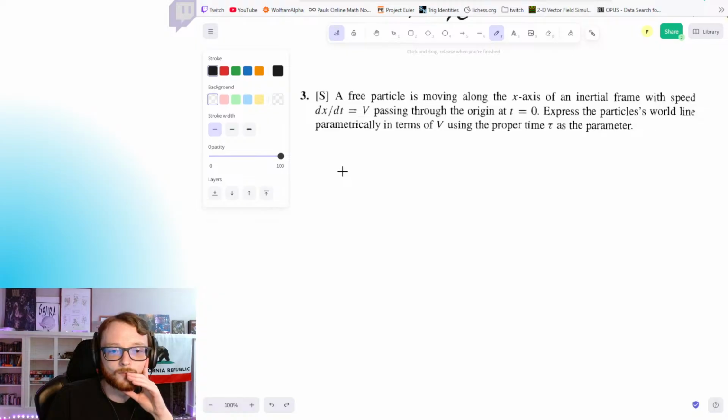So I assume they're asking for a 4-vector x moving along the x-axis with speed v and passing through the origin at time equals 0. How do you feel about this? Seems pretty fair.